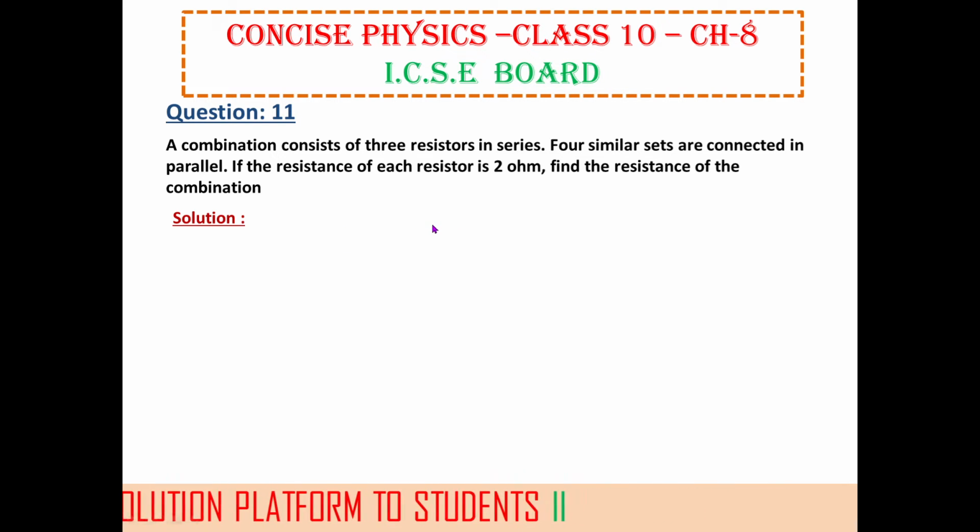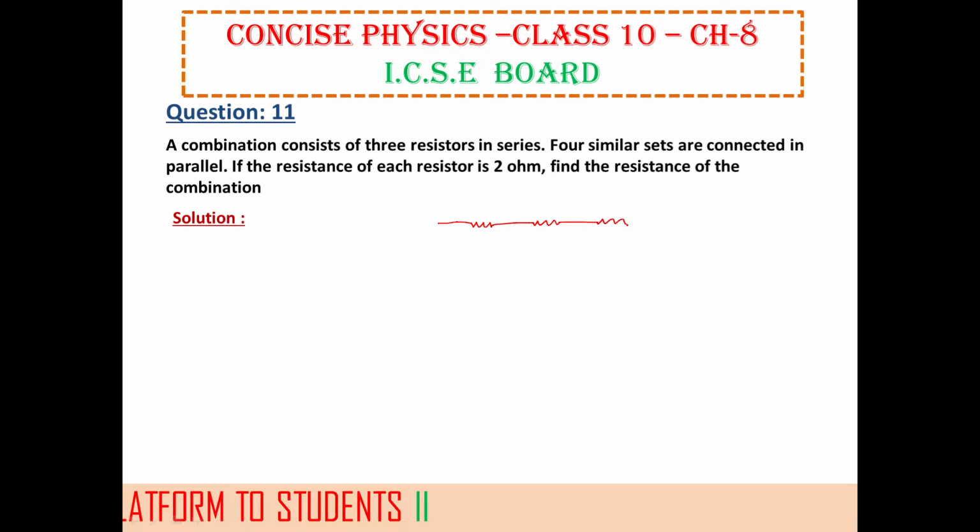In the first criterion it has been told that 3 resistors are in series. So this will be like this, and the value of each resistor is 2 ohm. This is also 2 ohm.